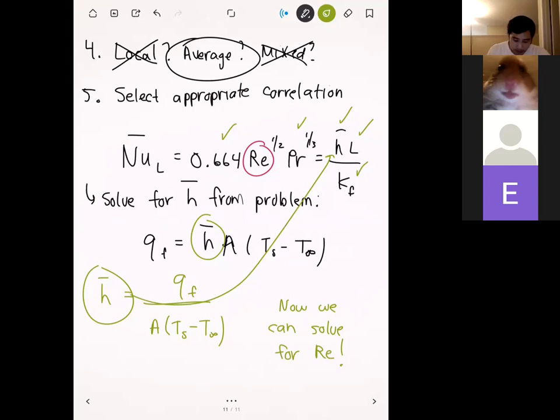All right. And so when we plug in this expression for h up here, and solve for Re, we can basically just divide both sides of the equation by 0.664 and Prandtl number to the 1/2. Okay.